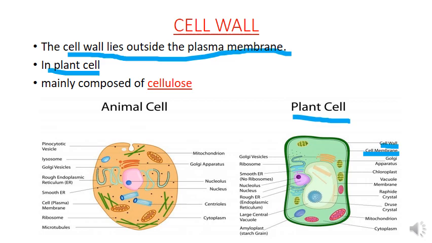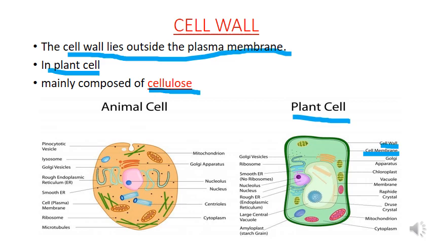Then the cell wall lies outside the plasma membrane. The cell wall is found outside the plasma membrane, and the cell wall is a rigid structure. It is a strong structure, and the strength of the cell wall is given by the component that is cellulose.